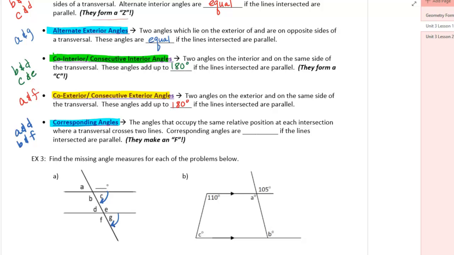One is interior, one is exterior. And those are actually equal.